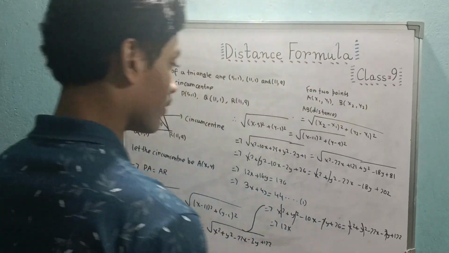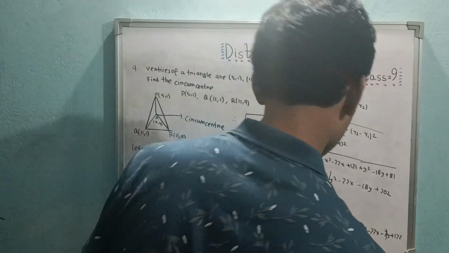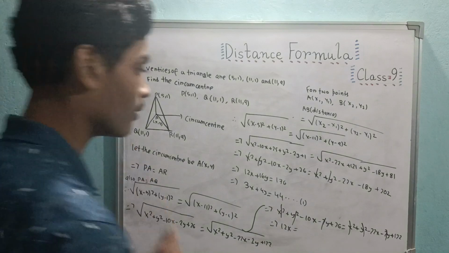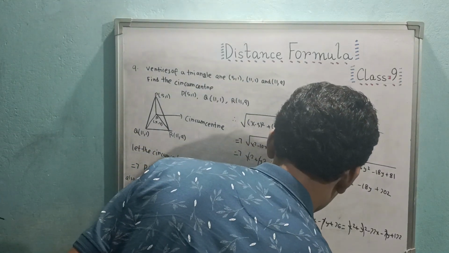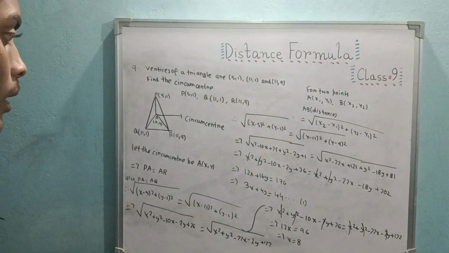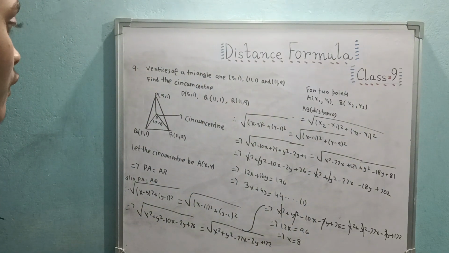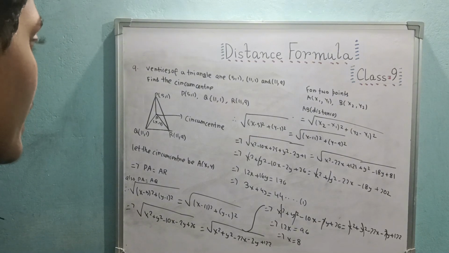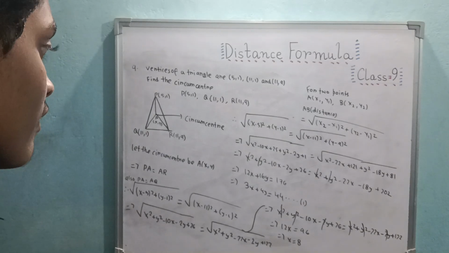Plus 26. So this is 122 minus 26 equal to 96. Or x equal to 8. Wow, what a remarkable thing. I just got from this equation PA equal to AQ the value of x as 8.